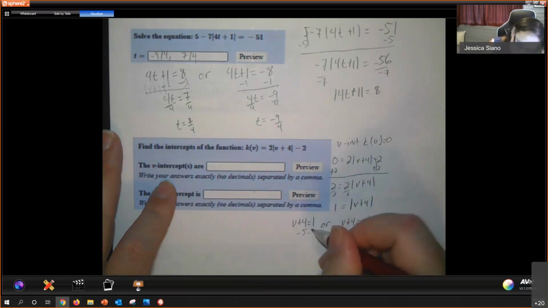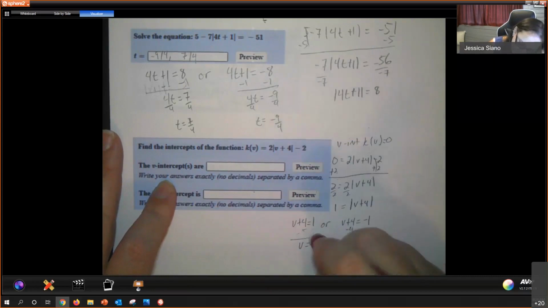Subtract the 4, subtract the 4. That gives -5 and -3.